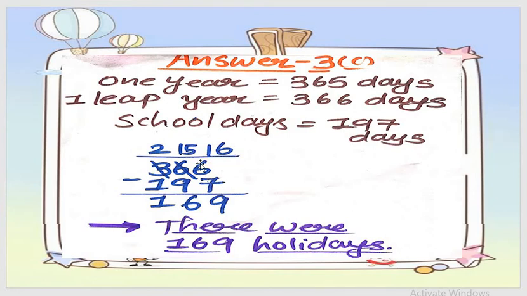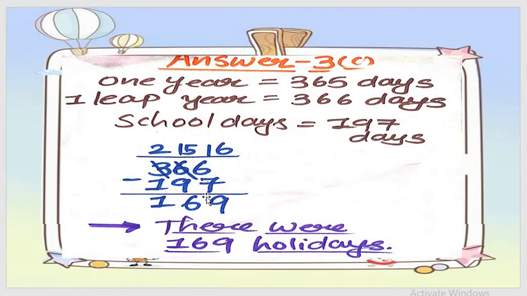We cannot take 7 from 6, 6 is smaller and 7 is bigger. So we take a borrow: 10 plus this 6, 16 minus 7. 16 minus 7 is equal to 9.